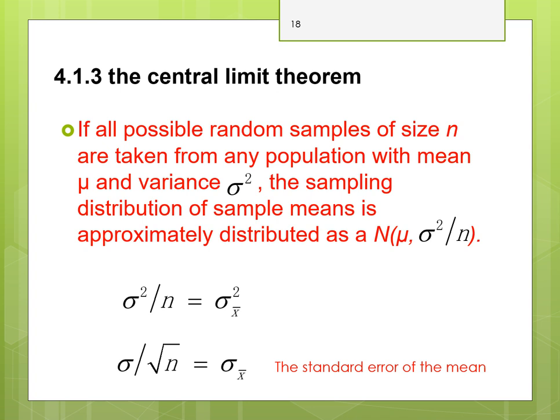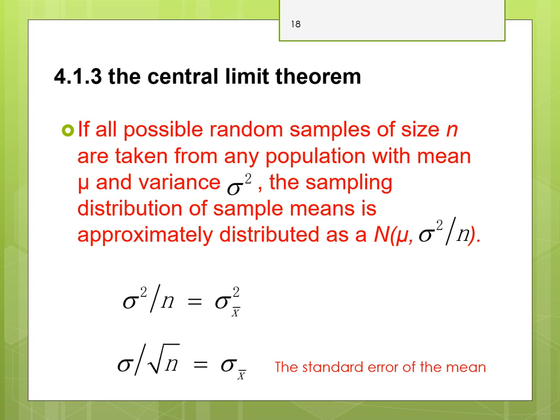And we also know that the distribution of X bars is symmetric about the population mean mu. So how about the variance of X bar? Is the variance of X bar still sigma square? Is that right?